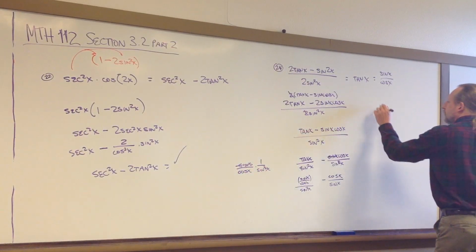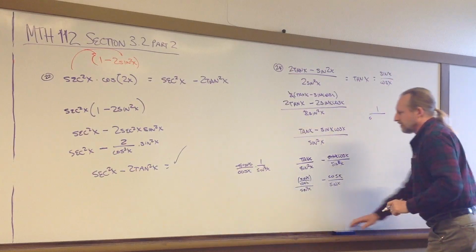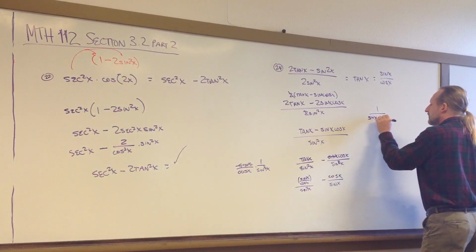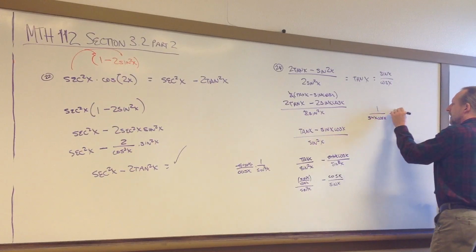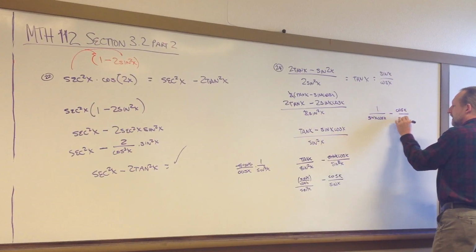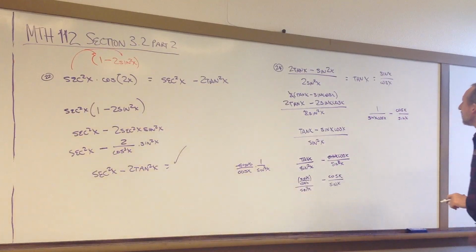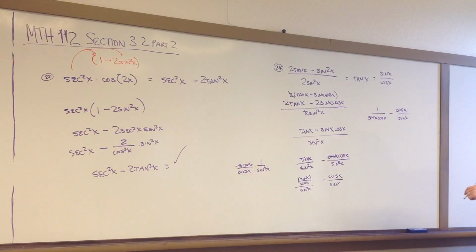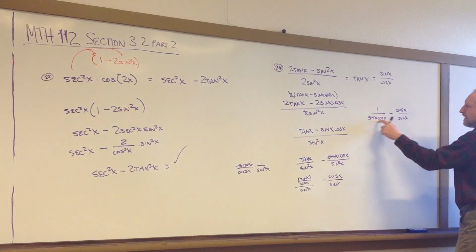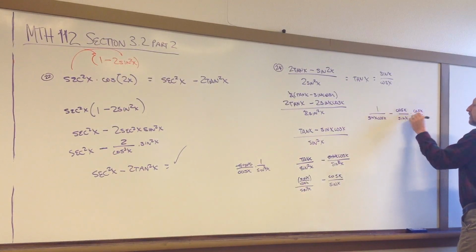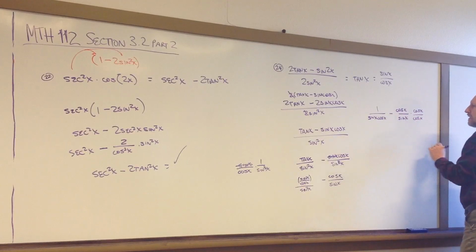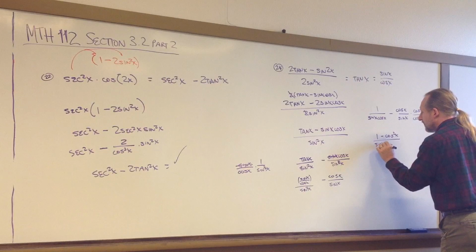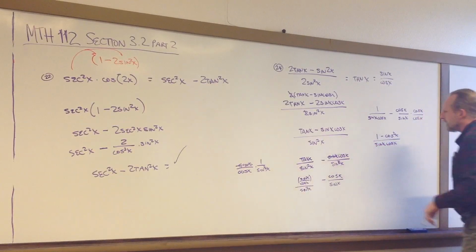So I'm going to have 1 over sine x cosine x minus cosine x over sine x. Well, let's make a common denominator then of sine x cosine x. So this will get multiplied by cosine over cosine, and I'll have 1 minus cosine squared on top and sine x cosine x on the bottom.